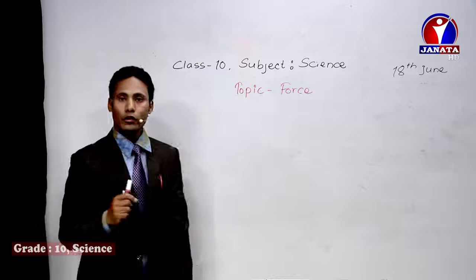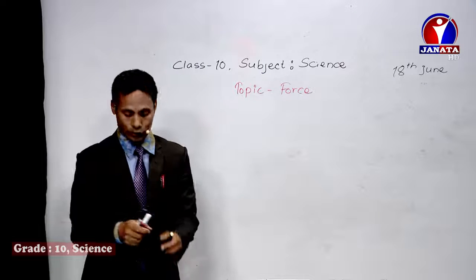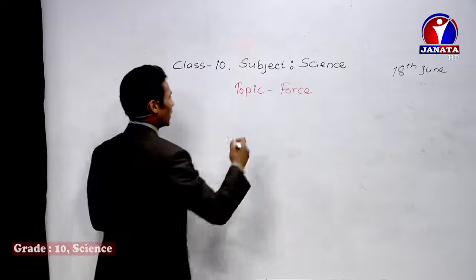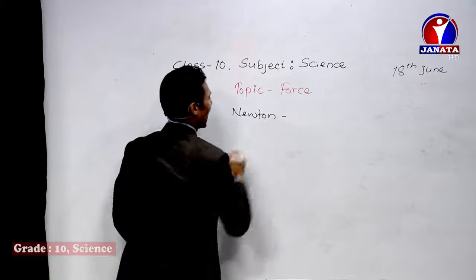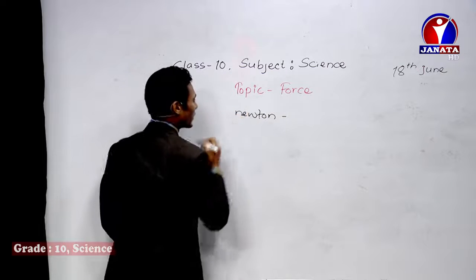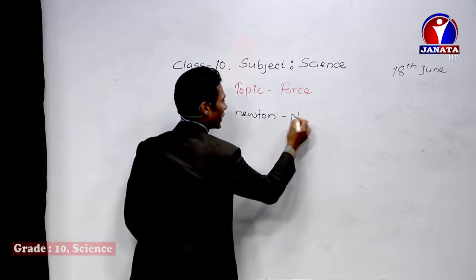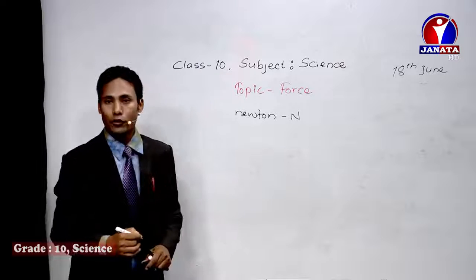And the unit of force you have learned in the lower class. We measure force in Newton. So Newton is the unit of force, and the symbol for Newton is N. We write down the unit of force.